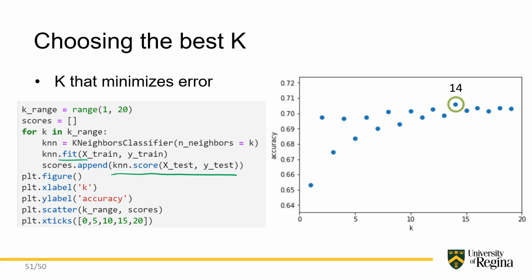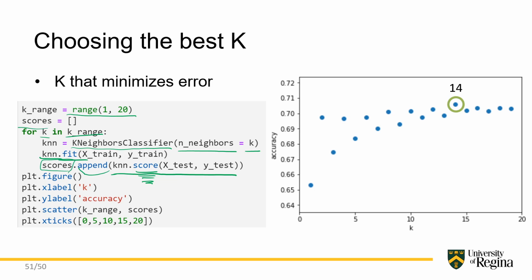So here what I've done is create values from 1 to 20, and for each k in that range, we created a k nearest neighbor classifier with number of neighbors equal to that k. Then we train our model, evaluate it, and append the result to a list of scores.